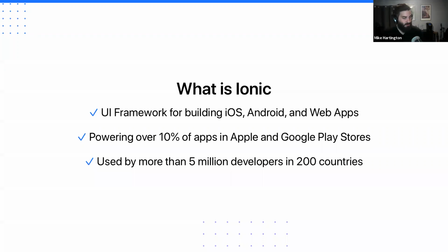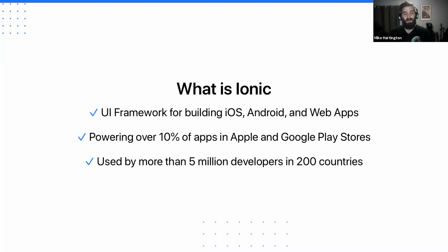Now, Ionic does this by shipping a collection of components and integrations with different frameworks, so that way, as you build out your app, you can get a native look and feel that feels at home for these native platforms. Now, Ionic is being used by a huge number of people.